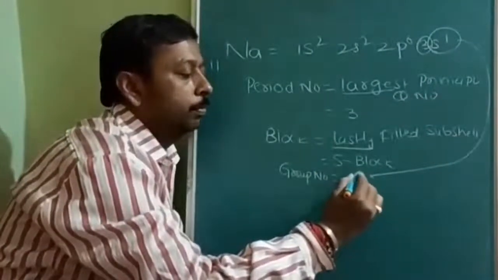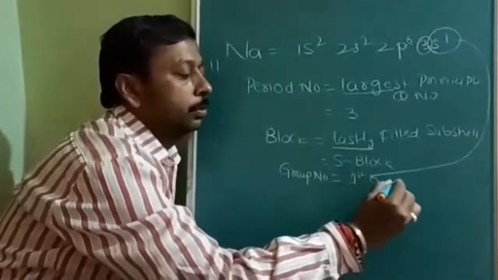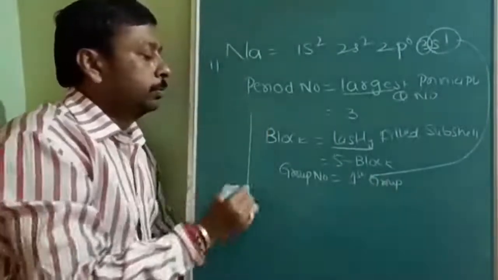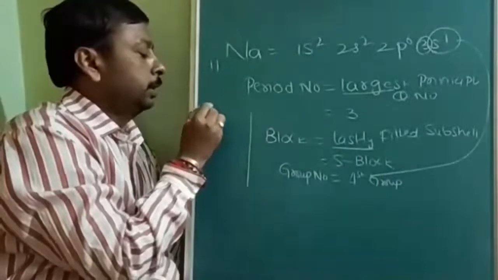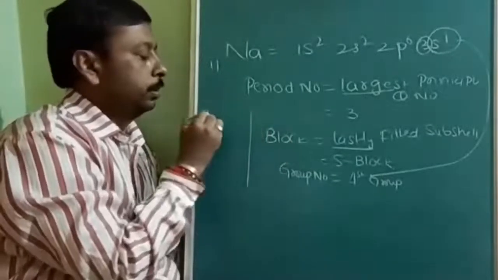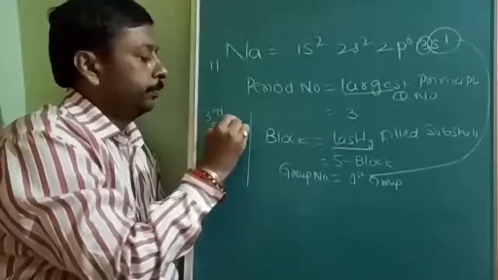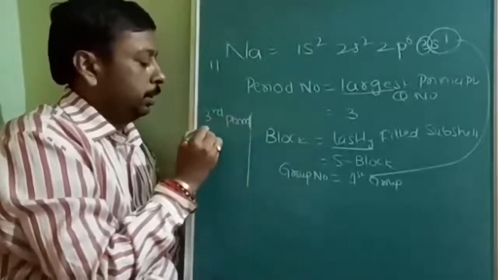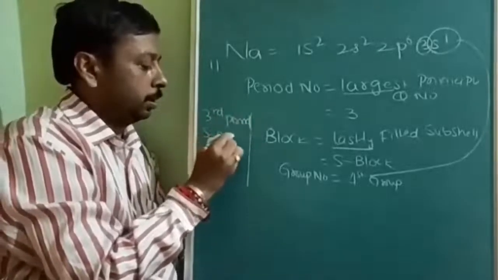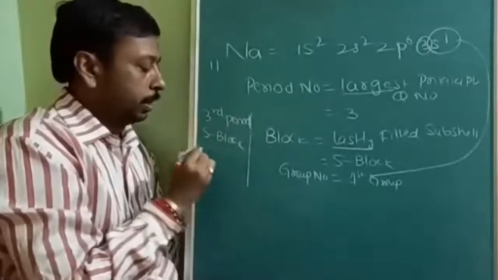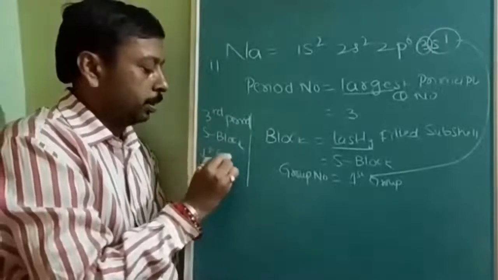So first group. So the location of sodium is third period, S block, and first group. Is it understood?